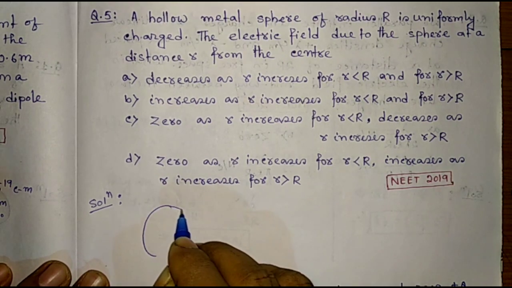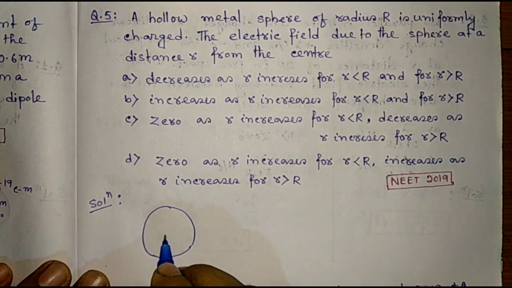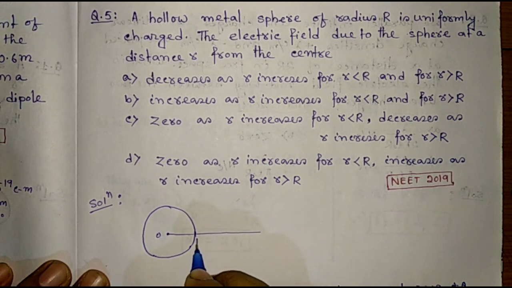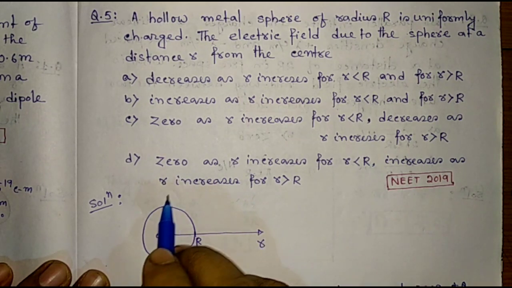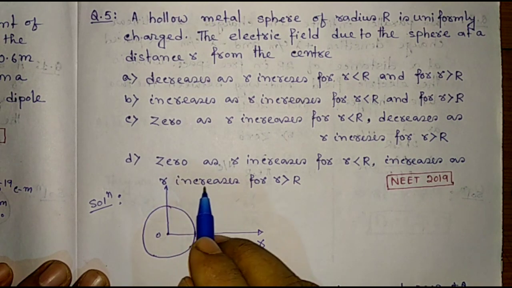This is a sphere and it is the center O, and it is the radius R, and it is the distance r.